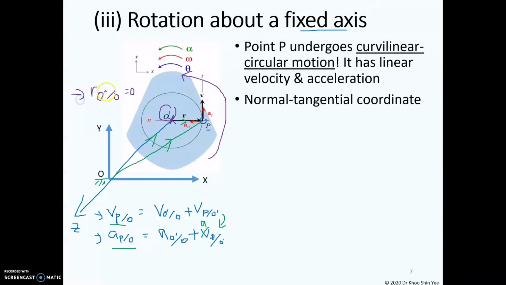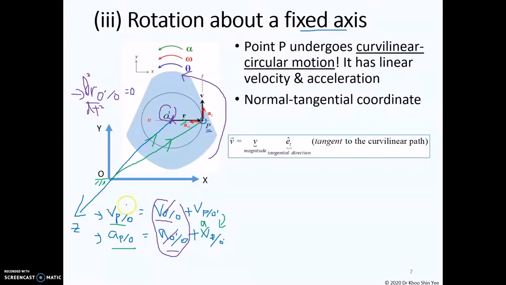Since this term is 0, if you differentiate it with respect to time to obtain the velocity and differentiate again to obtain the acceleration, you will find these two terms equal to 0 as well. Therefore, the velocity and acceleration at the arbitrary point P with respect to O will be equal to the velocity and acceleration of point P measured with respect to O prime.